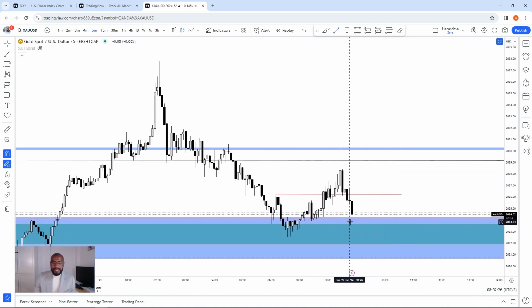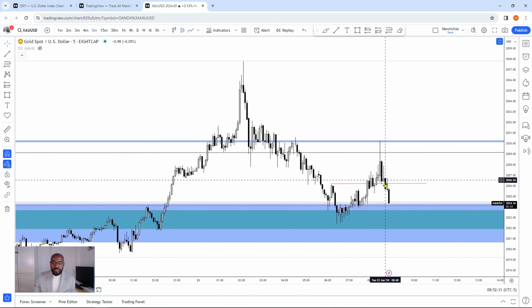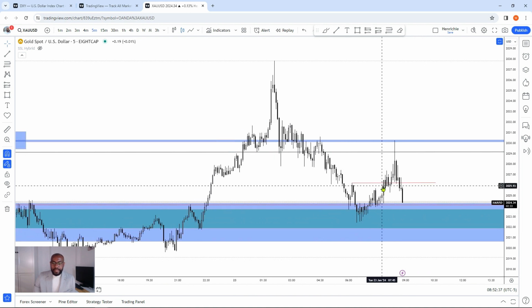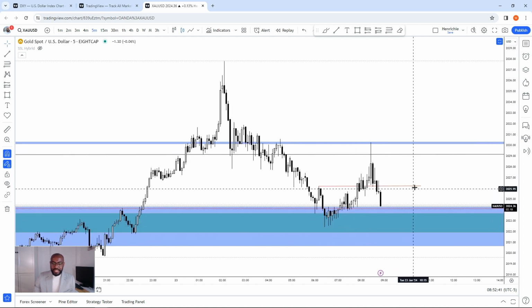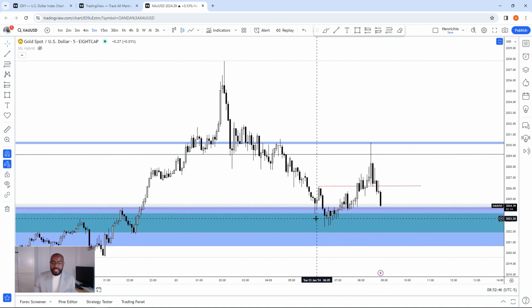So it's either this is a retest, or price will use this opportunity to run down and run this sell side liquidity. And if it runs this sell side liquidity, I'm just not going to be interested in continuing to be on this trade. I'm just going to close it with whatever small loss I've already incurred on it. If it runs this sell side liquidity, it means this trade is invalid.